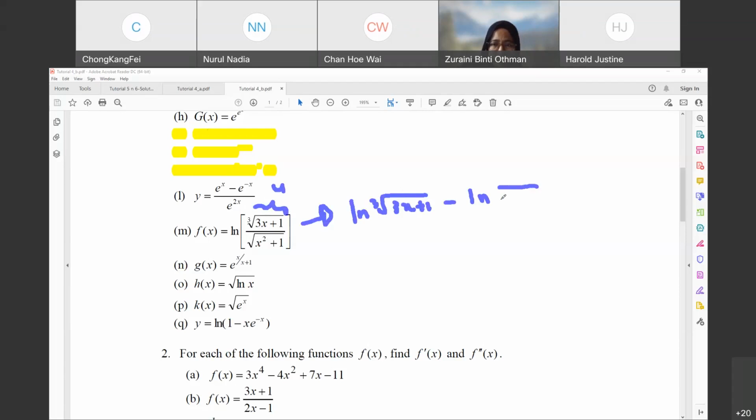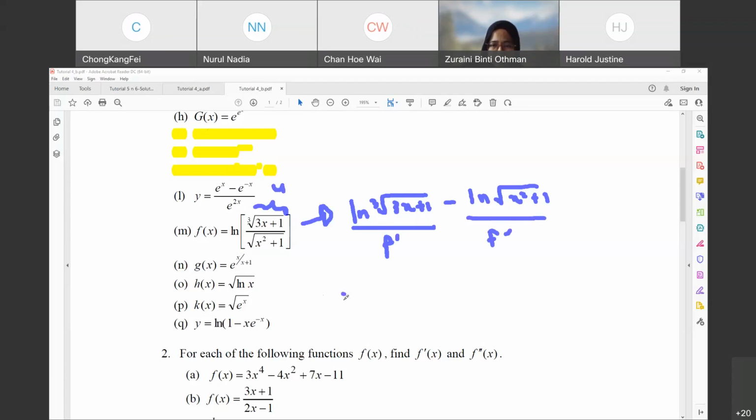Kita jadikan dia menggunakan petua ln. X kuasa 2 campur 1. Dan baru satu per satu cari F prime dia. Yang ini juga cari F prime dia.